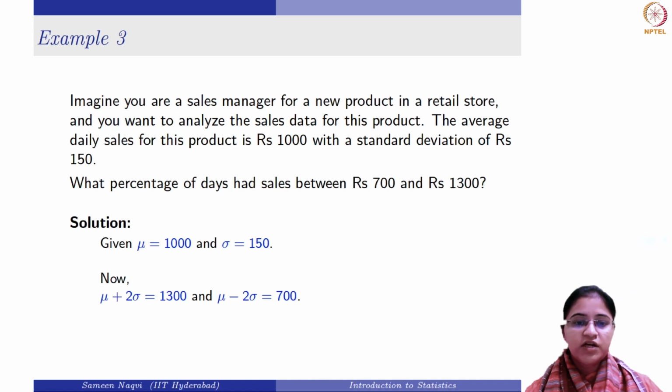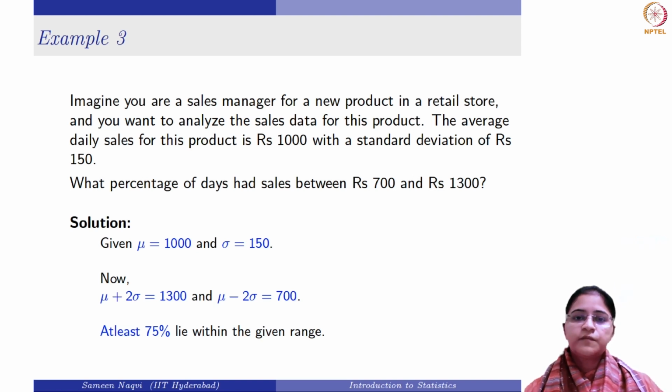This can immediately tell you, by using Chebyshev's theorem, that at least 75% lie within this given range. If you are given a normal distribution, then you could go ahead with the standard normal rule of thumb. Otherwise, if the shape of the distribution is anything else, then also you have the result by Chebyshev, which can be applied.